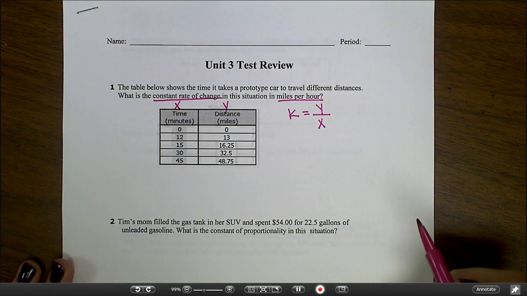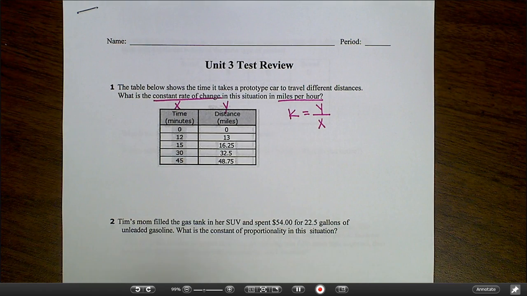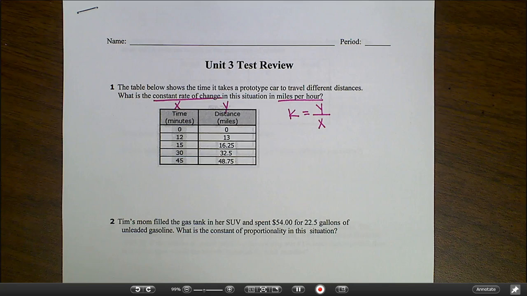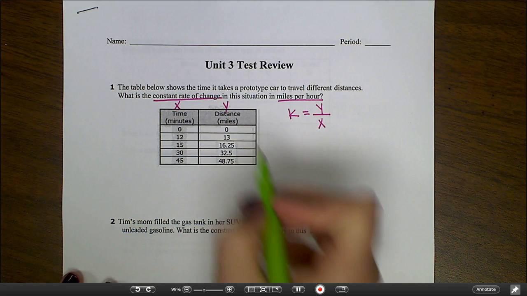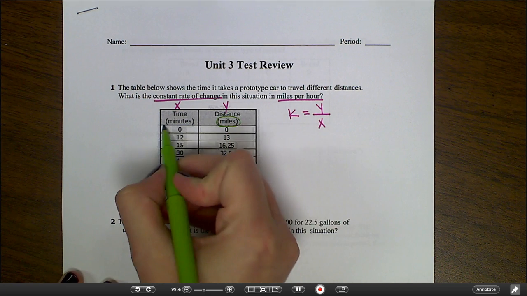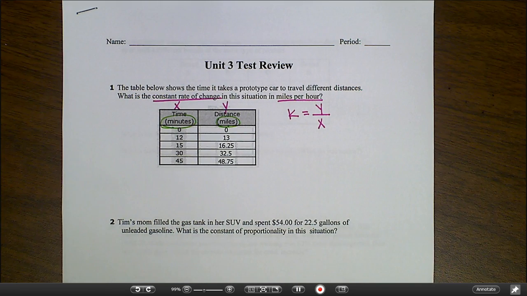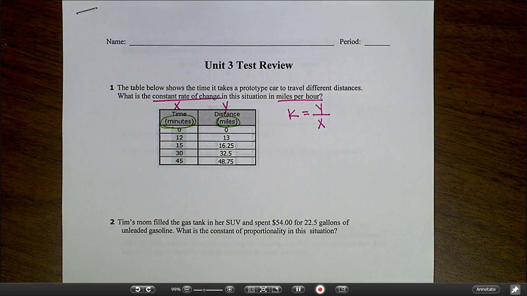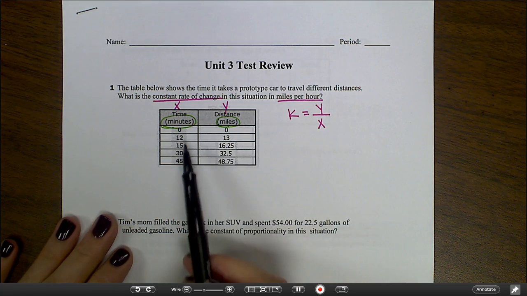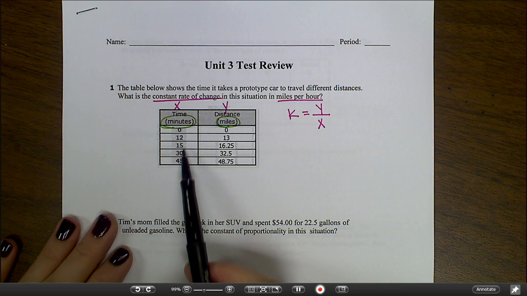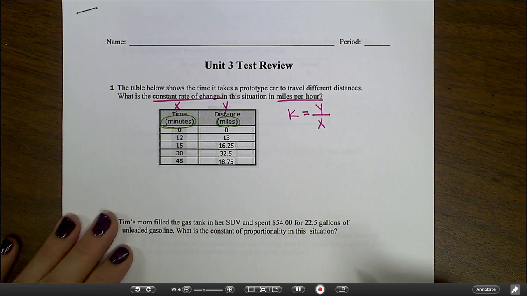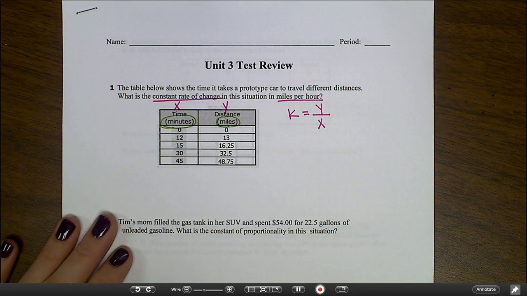So the first thing I need to look at are my units. Notice that our problem says miles per hour, but we're given miles and minutes. Uh-oh. That means that we need to do something here in order to make our table easier to use. So I see that I'm given 0 minutes, 12, 15, 30, 45 minutes. Now, how many minutes are in an hour?